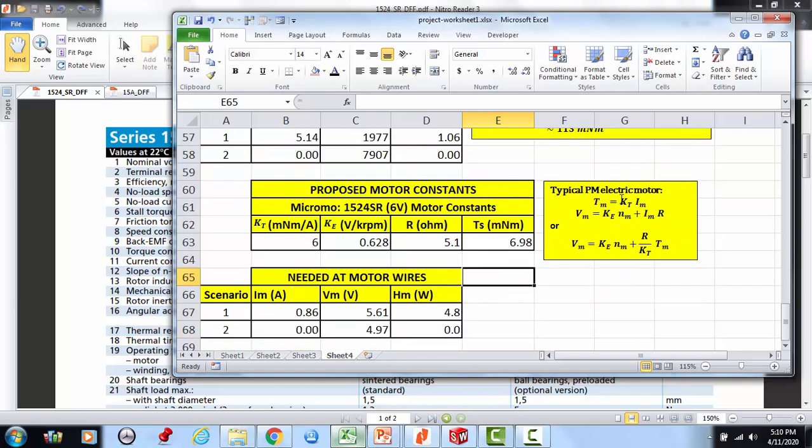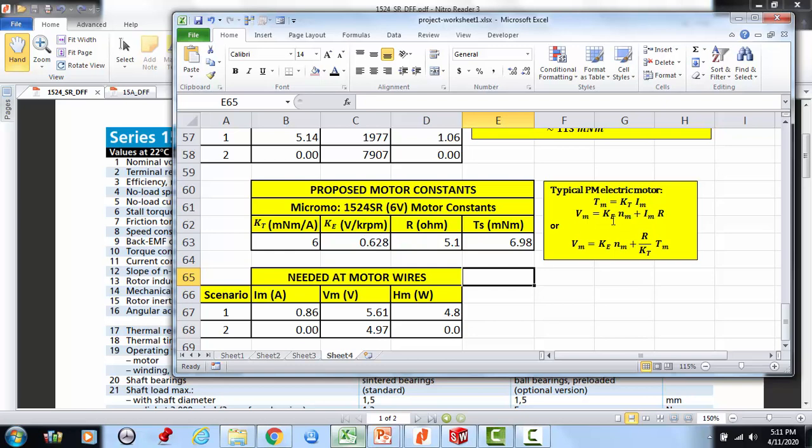And what you're going to have is the torque at the motor shaft is going to be equal to that torque constant times the motor current that's going into the terminal wires. Then you're also going to have the voltage of the motor, the voltage connected to those terminal wires. That's going to be equal to the back EMF constant, KE, times the speed of the motor.